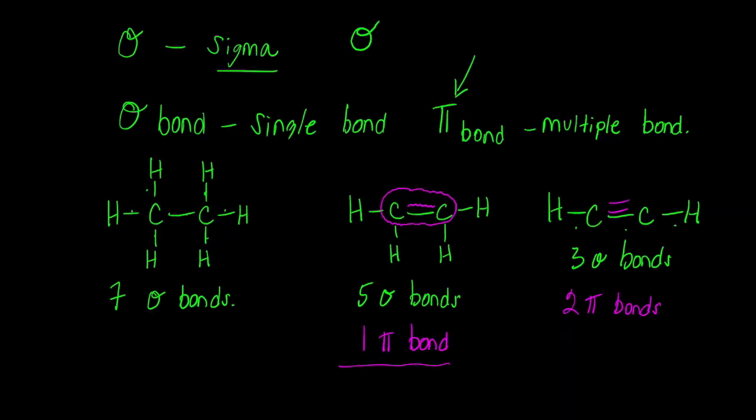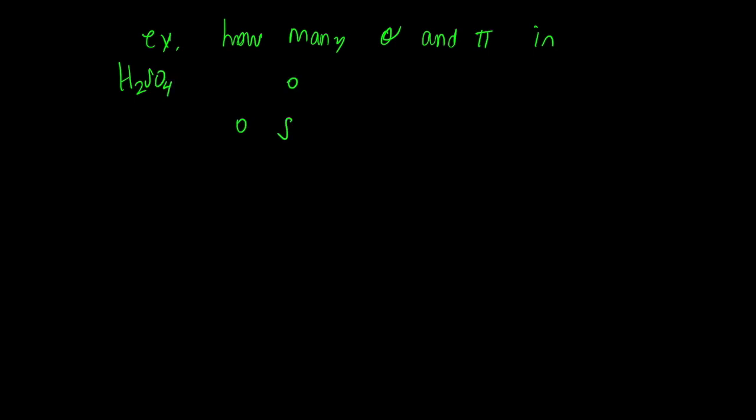Let's do some examples. So we want to count how many sigma and pi bonds there are in things like H₂SO₄. Okay? So remember how to do this. You create your skeleton, you add your dots, you make your lines, all that kind of stuff.